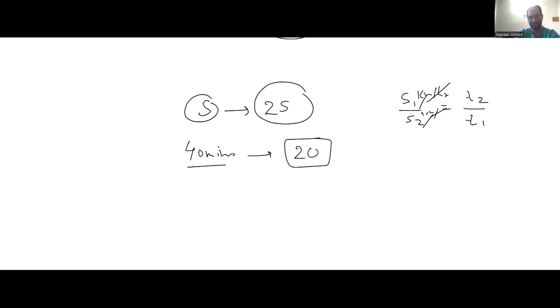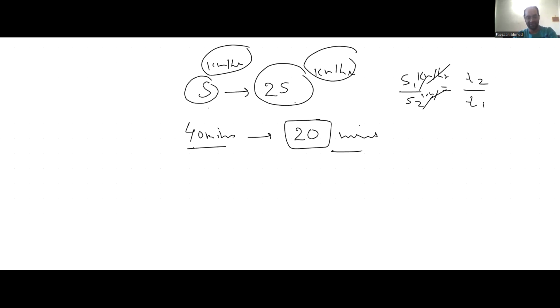But of course, it's not going to be 20 seconds, it's going to be 20 minutes. Okay. Given that this is in kmph, consistency should be there. This is also in kmph. The same will hold true if this is in some other unit, but this should be in the same unit, so that they are in a similar unit. Okay. So, I wanted to skip this, but fine. Let's go to average speed.